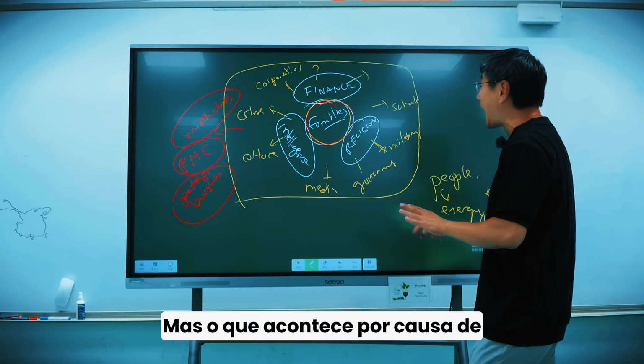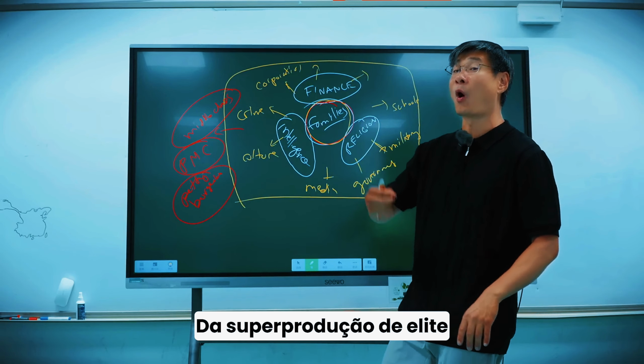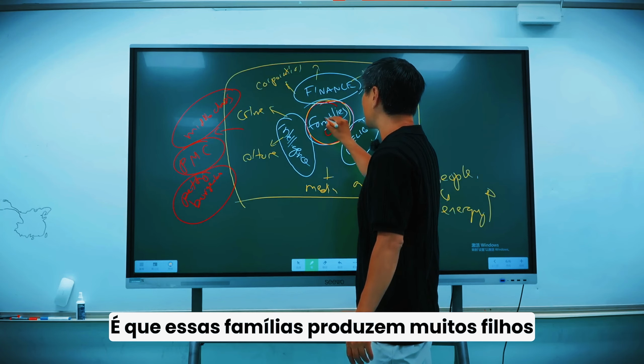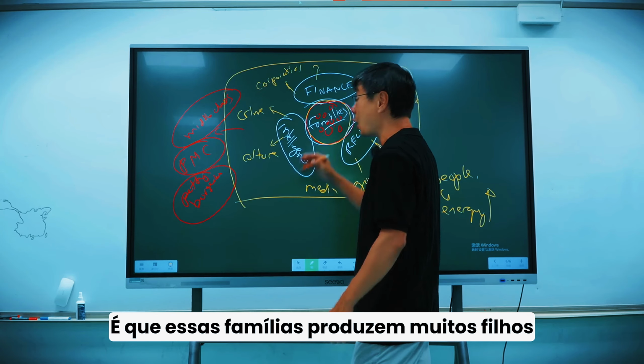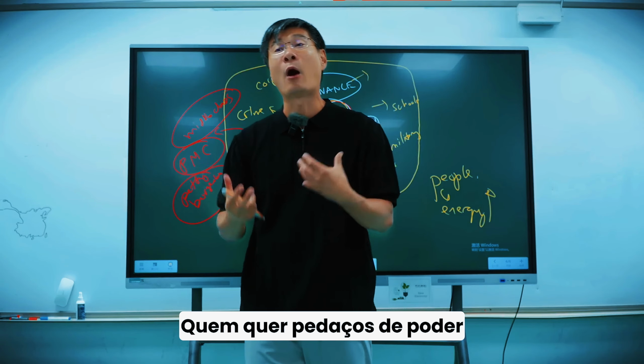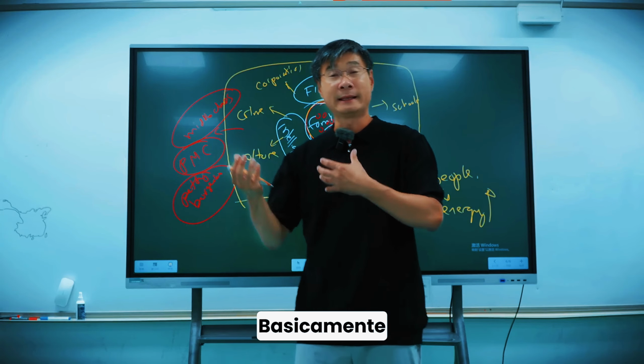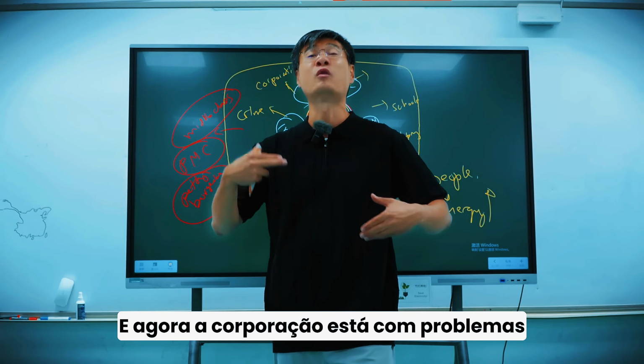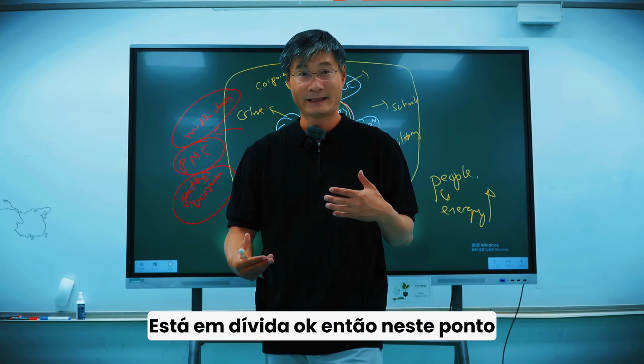But what happens because of the elite overproduction is these families produce too many children who want positions of power. Basically, they want to spend money from the corporation. And now the corporation is in trouble. It's in debt.